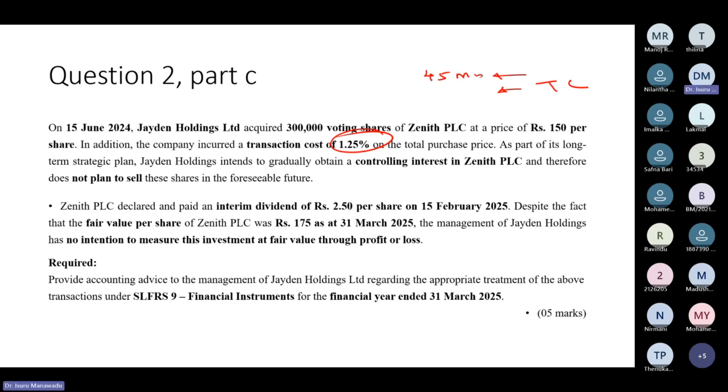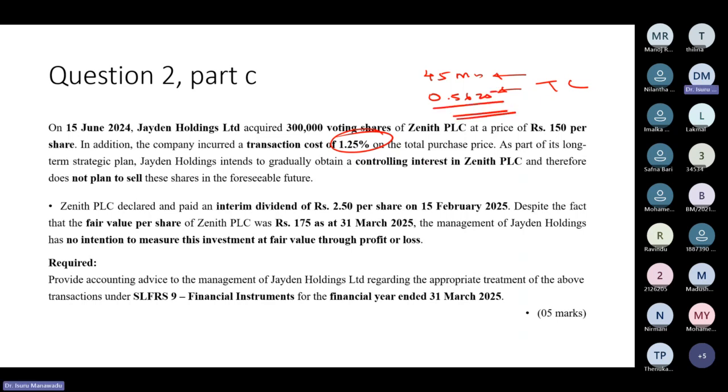45 million into the transaction cost is 0.5625 million.